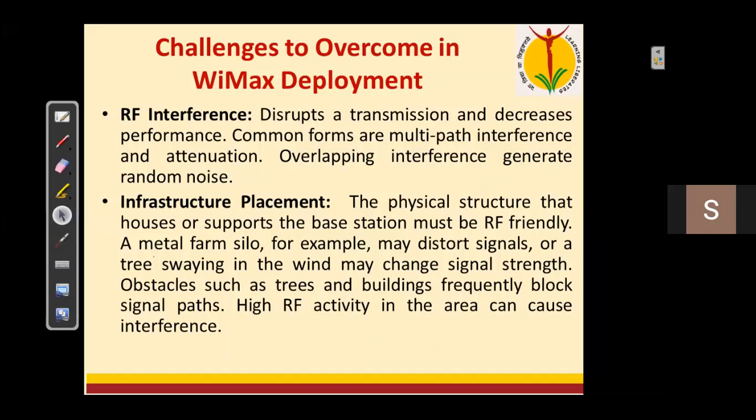Therefore, to avoid this RF interference, we should place the infrastructure very properly. You need to consider the physical structure of the buildings while installing the base station in a particular area. Reflectors, or maybe trees, can also create an obstacle for your base station.